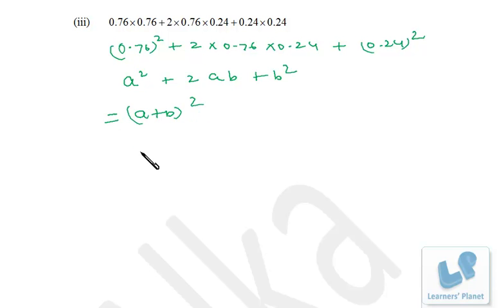That means it is (0.76 plus 0.24) whole square. Now 0.76 plus 0.24 will be 1. So it's 1 square, and that's 1, right? The calculation looks very big, and the answer is very simple. That's just 1, right? So if you use the algebraic identity, the problem will become very simple, right?